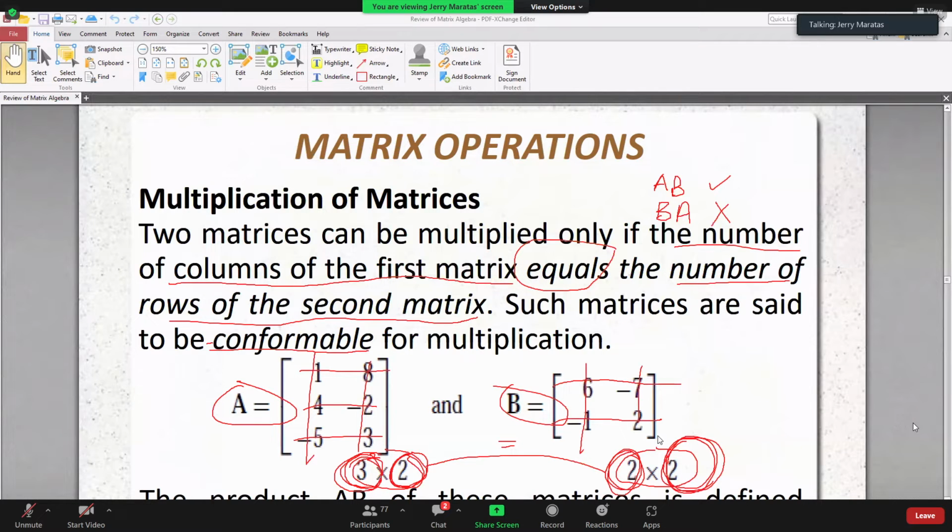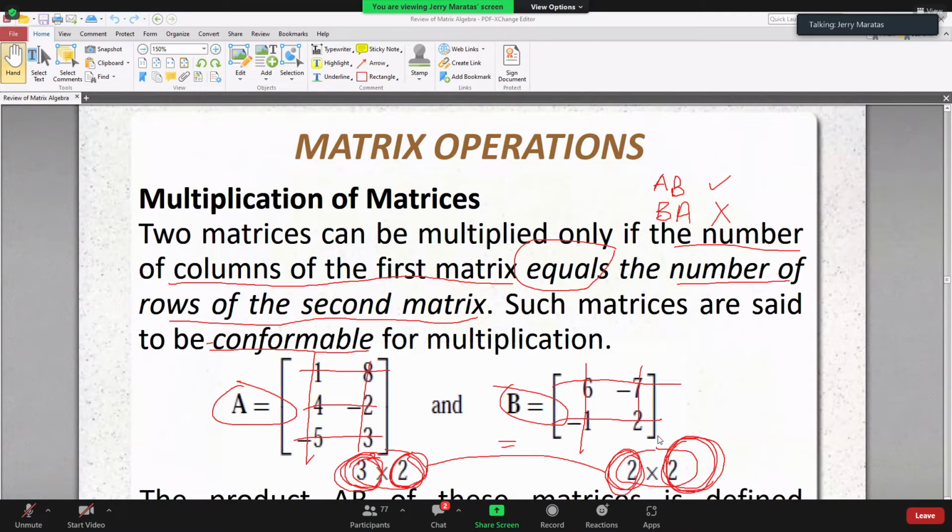So it's also very important, the arrangement of these two matrices. All right? So you cannot say x times y is the same as y times x if we are talking about matrices.